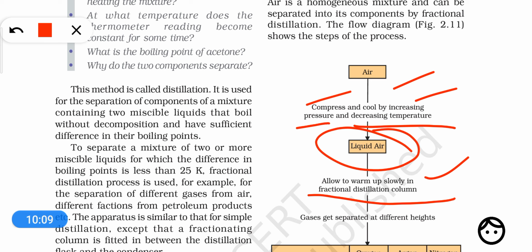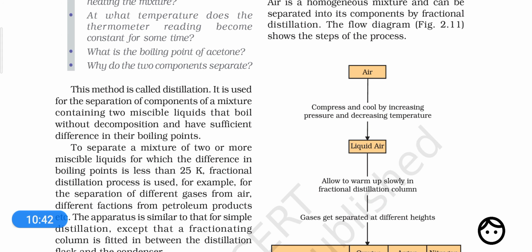When we increase the temperature, gradually it will reach their boiling points. Once again, the gases will be separated in the same manner as acetone was separated from water. The gas having a lower boiling point will first evaporate and get separated, right? And the component of the air that has a higher boiling point will be separated later on.